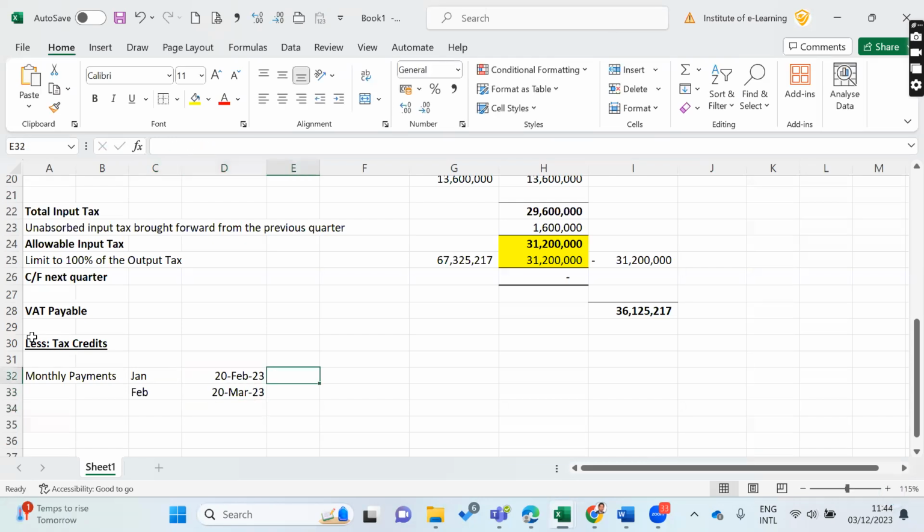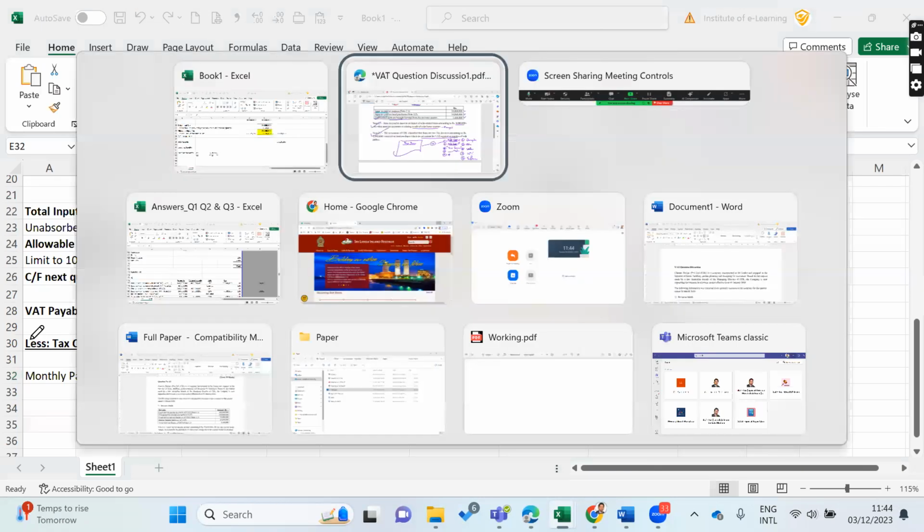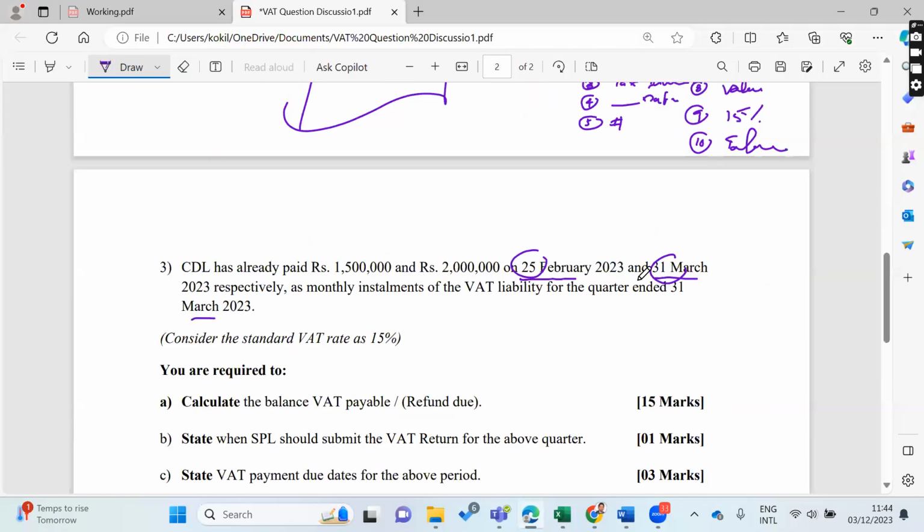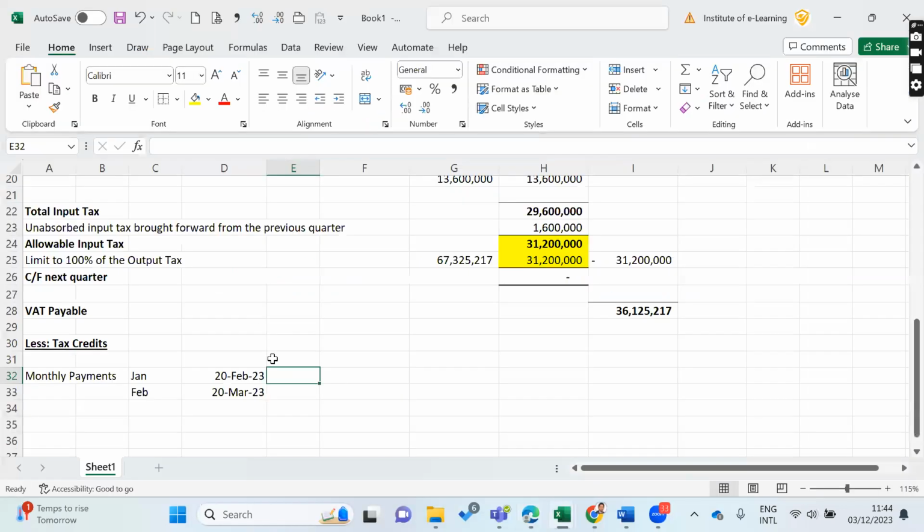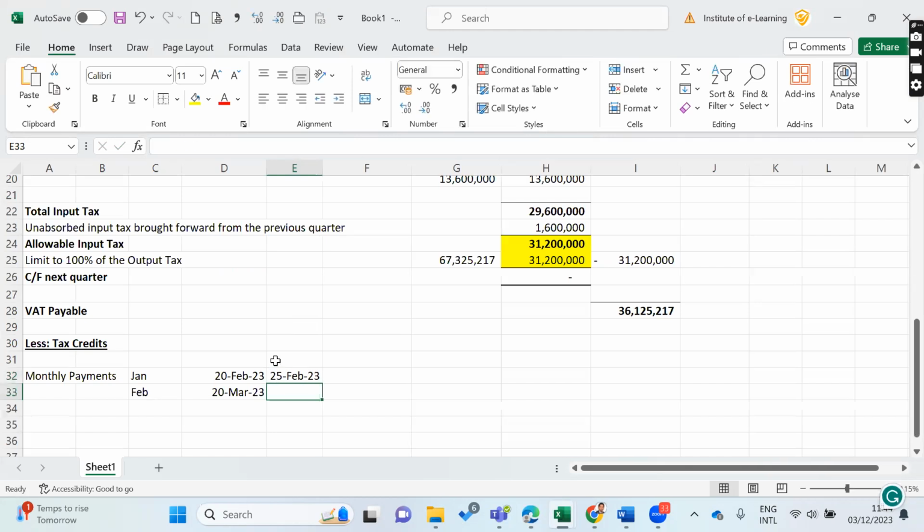However, the company paid on 25th February and 31st March.